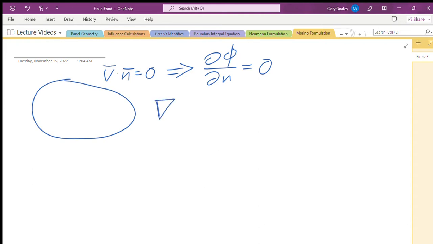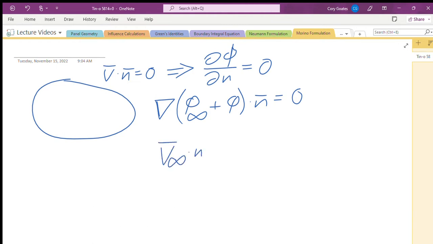We can express that as the gradient of the free stream potential plus the outer perturbation potential, dotted with n, is equal to 0. Distributing both the gradient and the dot product through, we get V infinity dotted with n plus grad phi dotted with n is equal to 0.